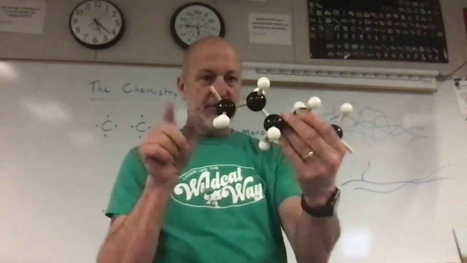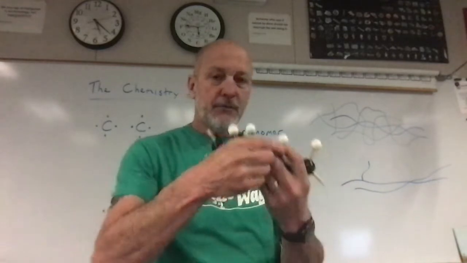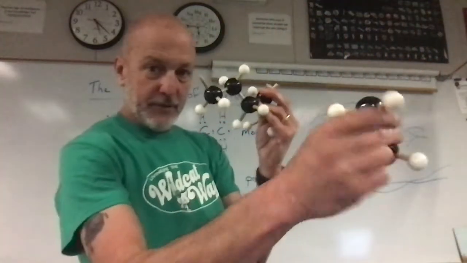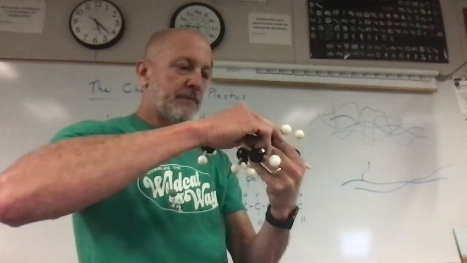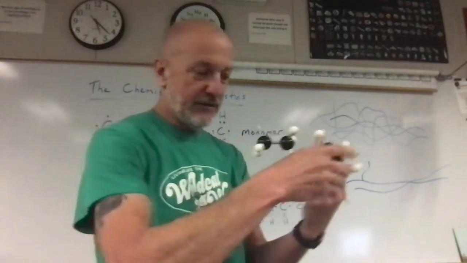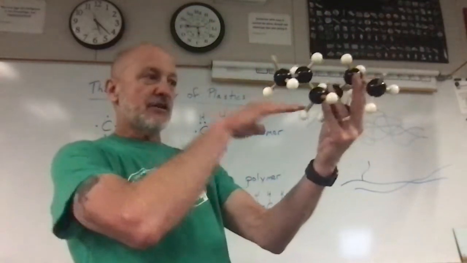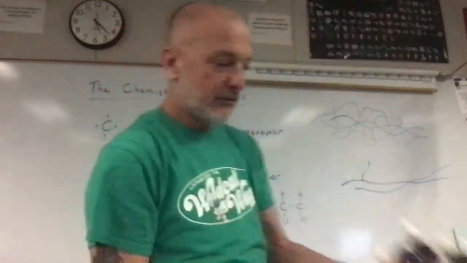And it just continues along, zigzag, zigzag. But I can pop one of these hydrogens off and attach a monomer where the hydrogen was. And I can branch from there and keep going. This long chain now has a branch coming off on that side, and that branch can keep growing and growing and growing.